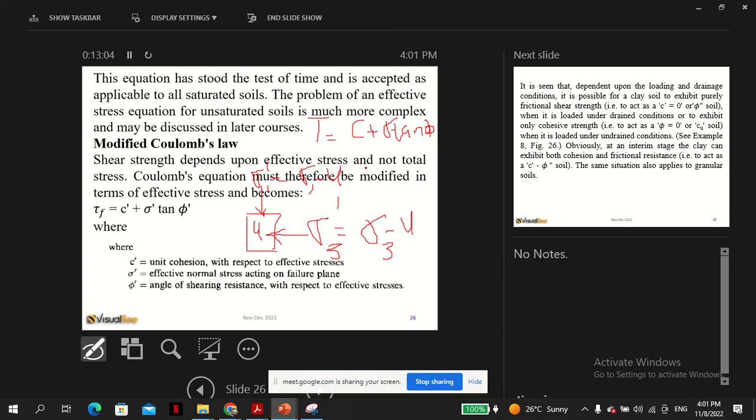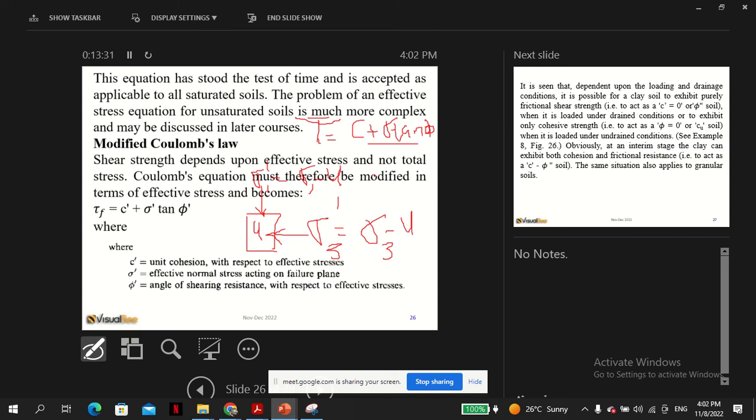In fact, the effective and total stress parameters more or less give you the same strength properties. However, for clays, the permeability is very small. There's no time for the excess pore water to flow away, so that's why this initial equation did not work.